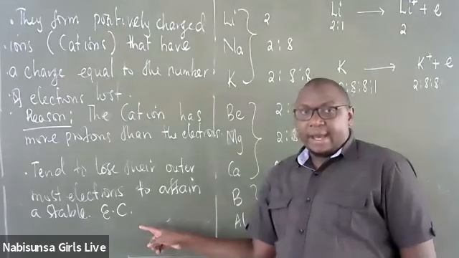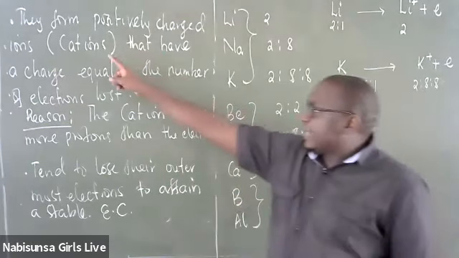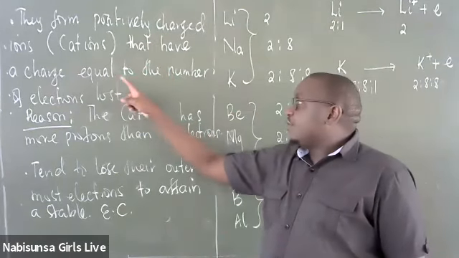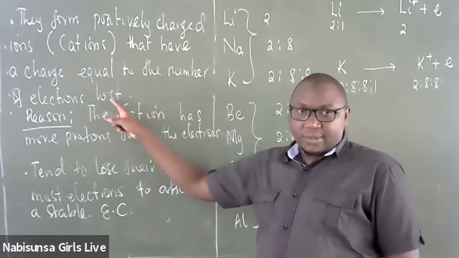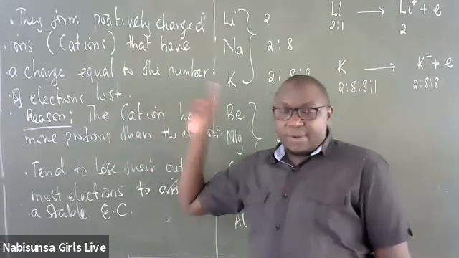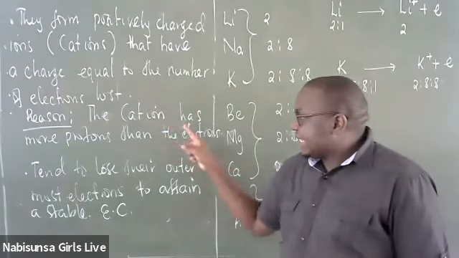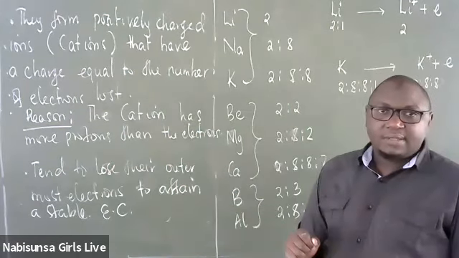Are we there? And then after that, they form positively charged ions, which you call cations, that have a charge equal to the number of electrons lost. And the reason here, why do they possess a positive charge? Because the cation has more protons than electrons. Are those things too hard?